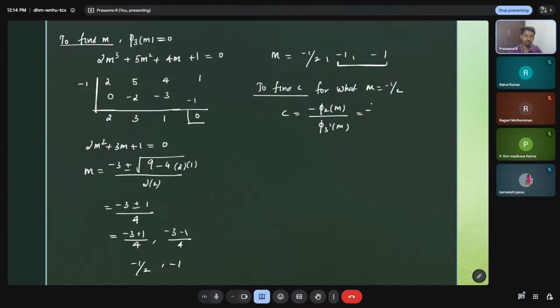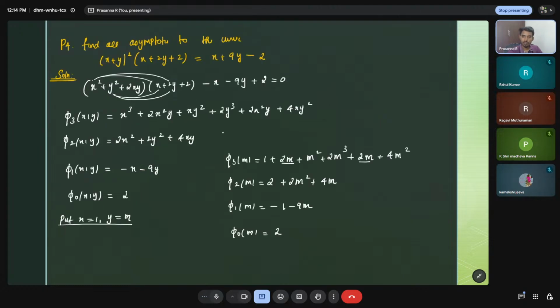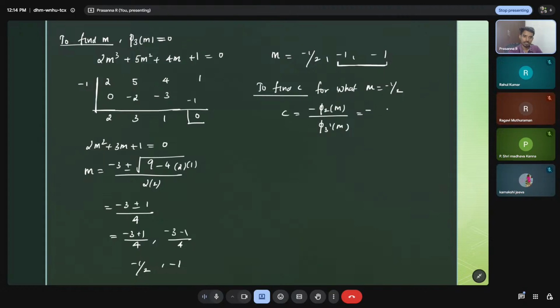So minus p2 of m. So p2 of m is 2 plus 2m square plus 4m. P3 dash of m is 6m square plus 10m plus 4, right?